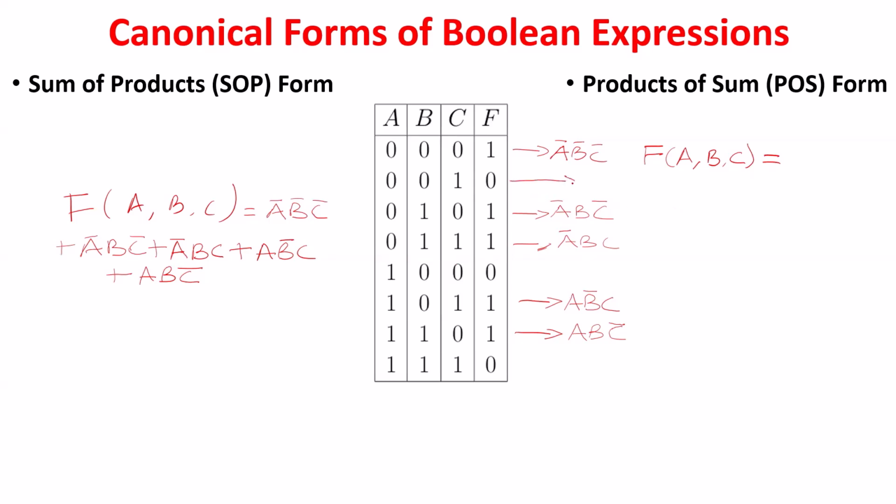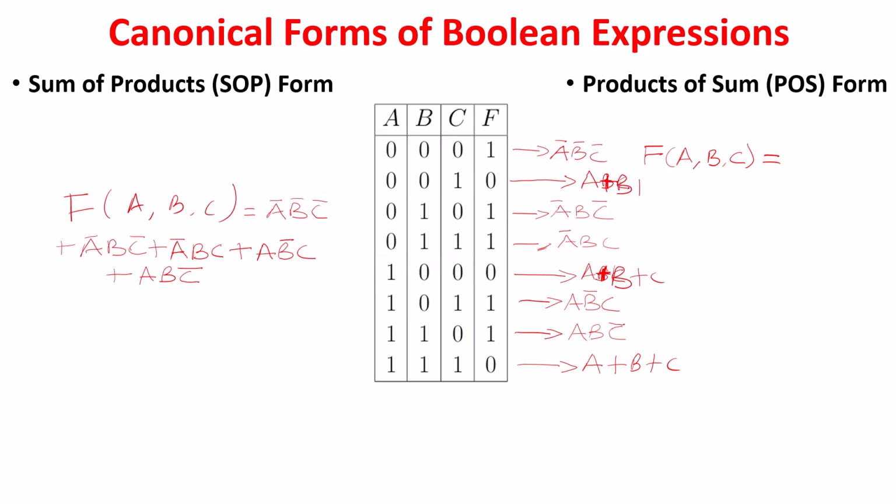We have 0 here, we have 0 here also, and we have 0 where the output is 0 here. So each of these will be a sum term of the form A plus B plus C.